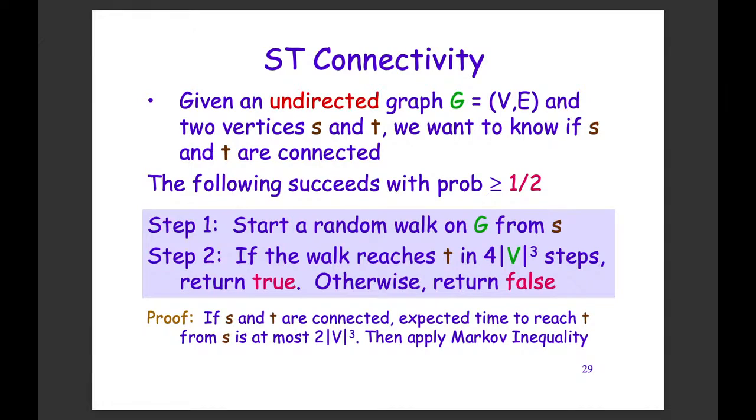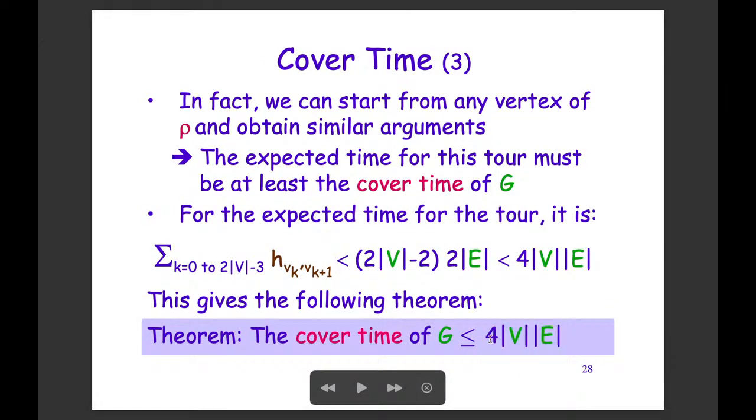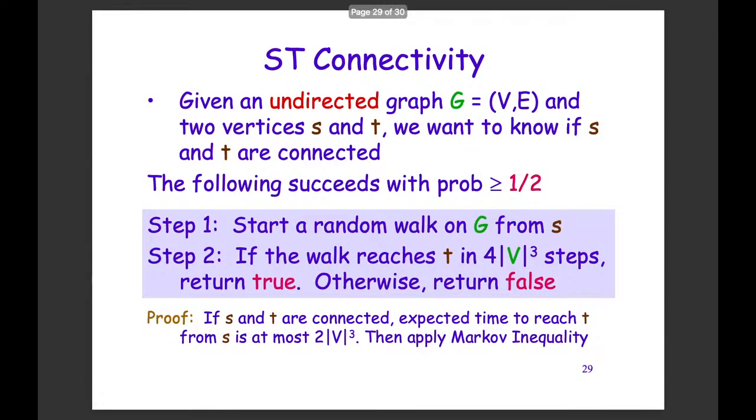So what we can do here is that we will see that the expected cover time is 4 times v times e. So in such a case, if we travel long enough, let's say this is 4 times v cubed. So 4 times v cubed is at least 8 times v times e, right? Yeah, because e is at most v squared over 2. So in that case, this is like double the expected value that we have.